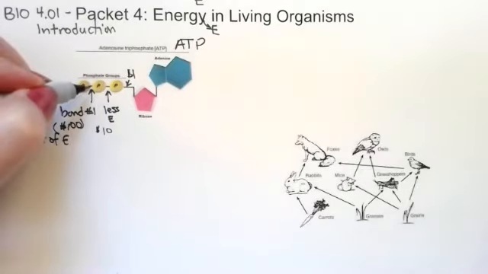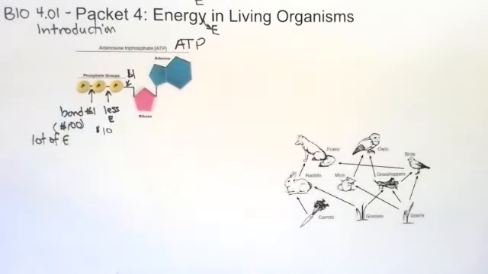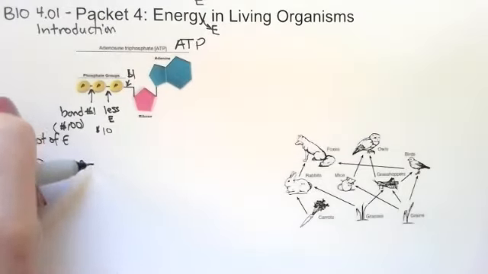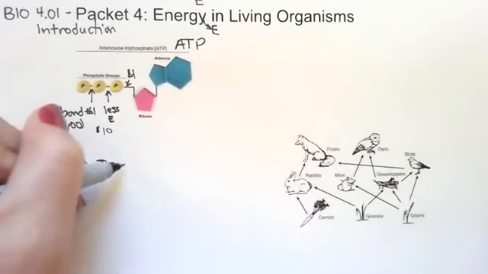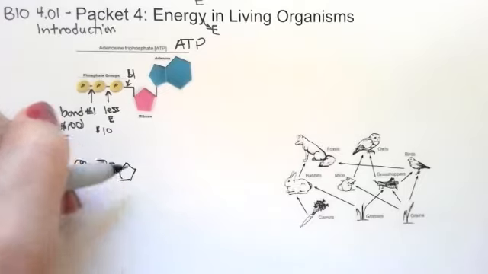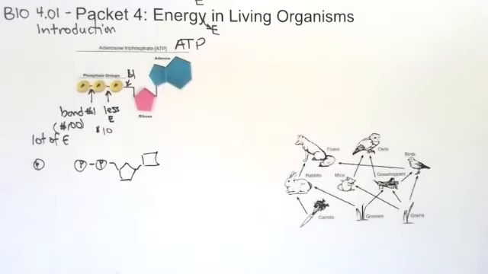If you crack this bond and release the energy, you end up with this phosphate floating around over here. So we get this phosphate broken off if we break the bond.